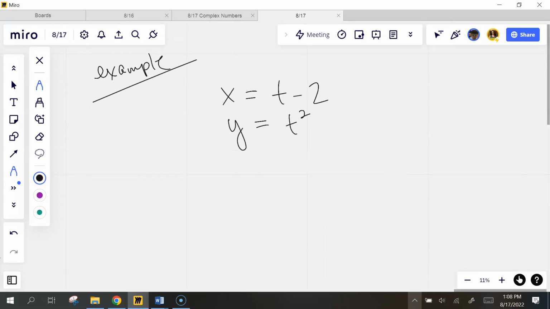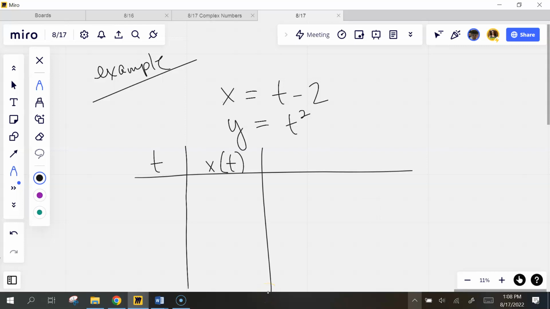What does this look like in table form? Well, instead of x, y, I'm going to have t, and then I'm going to call this x of t. So if I plug t's value in for the x equation, what do I get? And then y of t, and this should give me a nice ordered pair that I can graph.